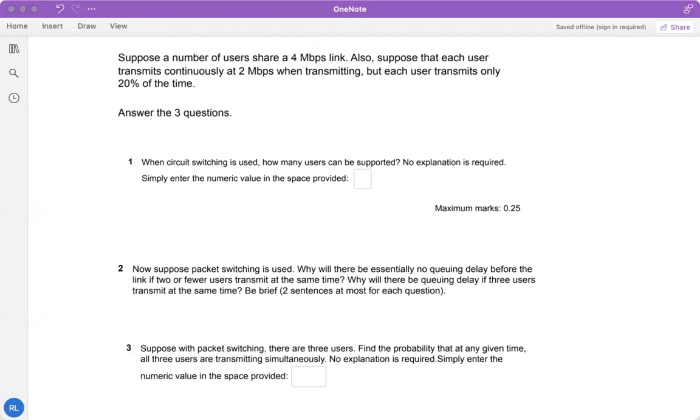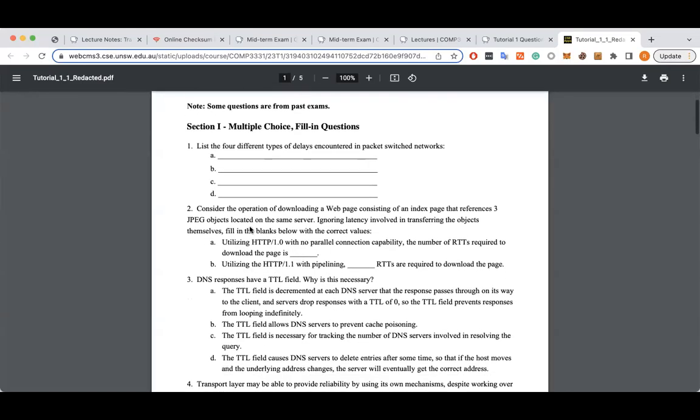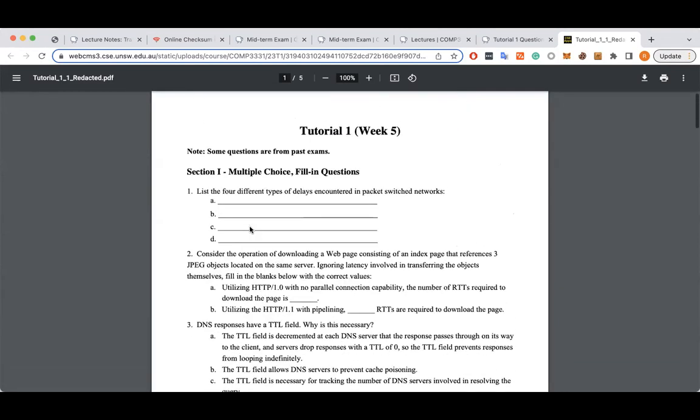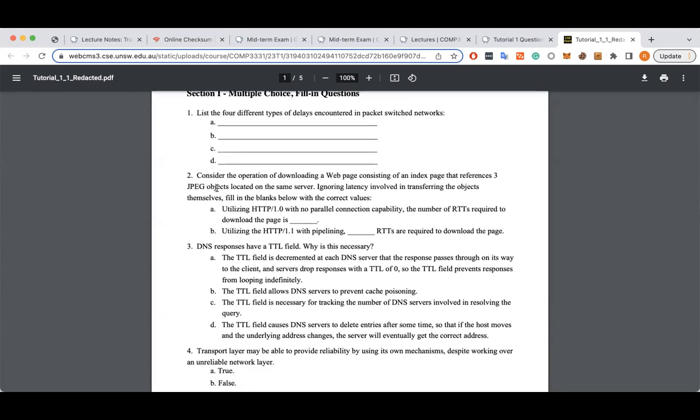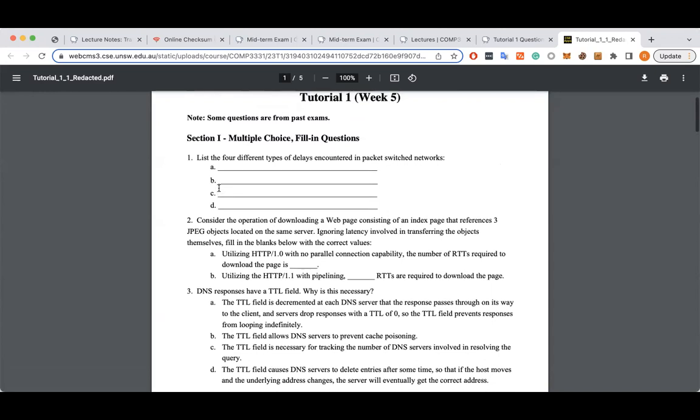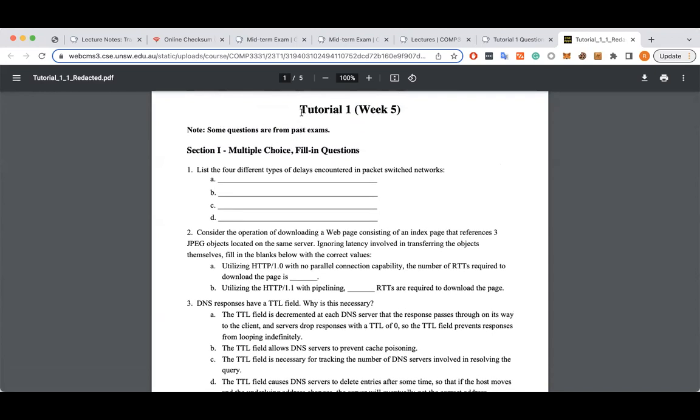And we have a tutorial content for today, which is this one. We have this kind of question, but as you can see here, it's not quite similar to our midterm exam, but you need to go through them because it could be useful. We already have the answer uploaded in GitHub.